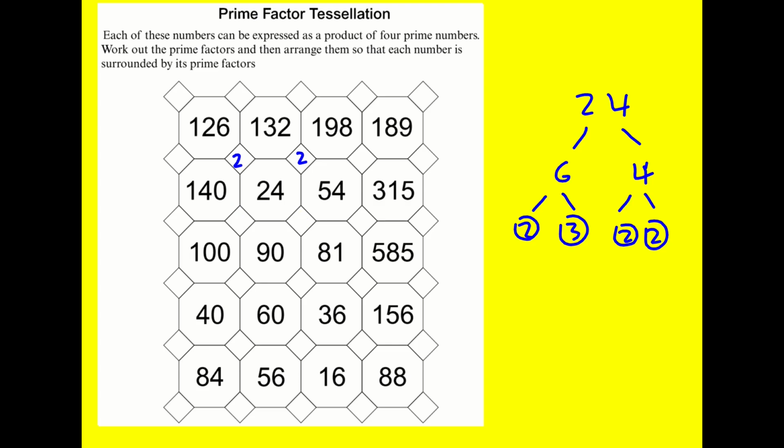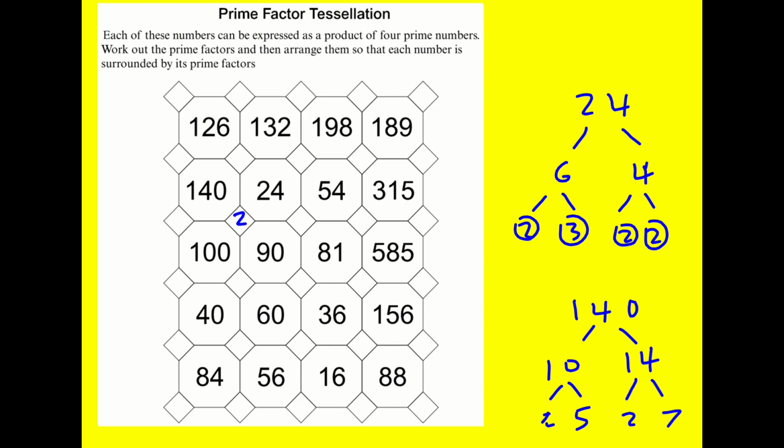I don't think 3 goes in here, because 3 doesn't go into 140. So I know that has to be 2. Let's do 140 as well. So 140, it's going to be 10, 14, 2, 5. So you're going to be doing lots more factor trees like this.